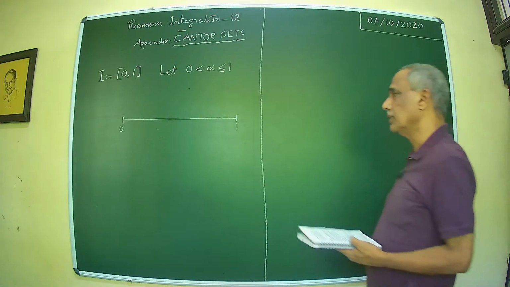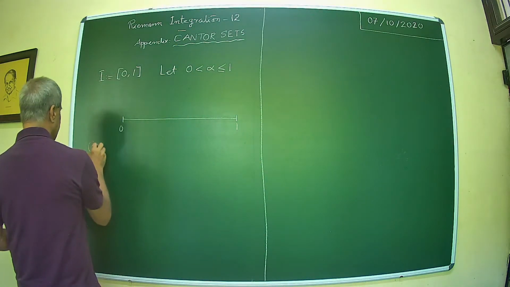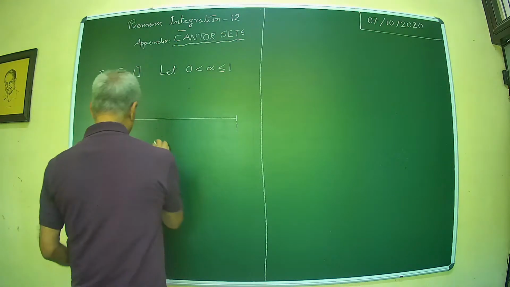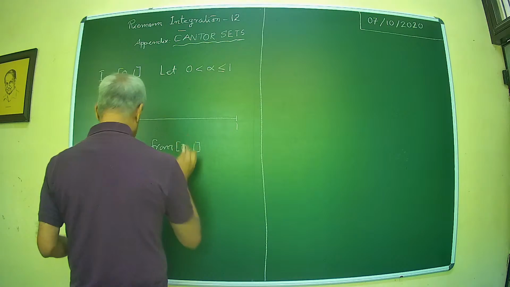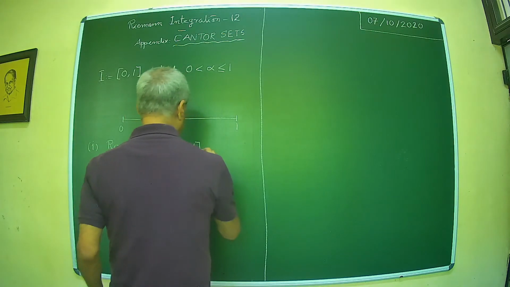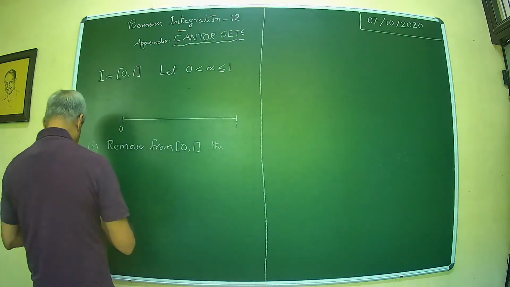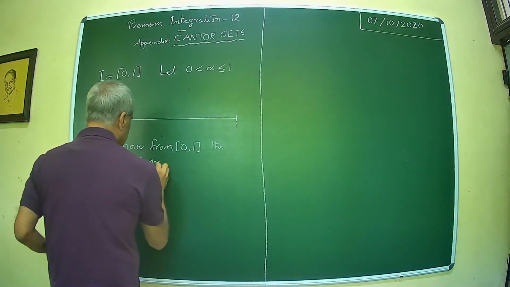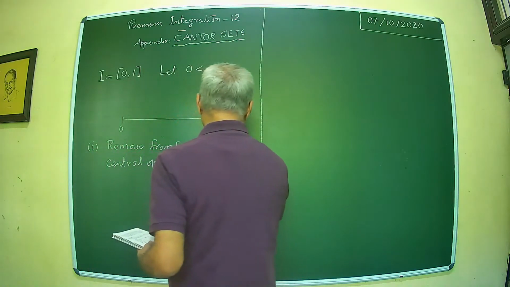Something like we remove first, in the first stage, from 0, 1 the central open interval I 1, 1.